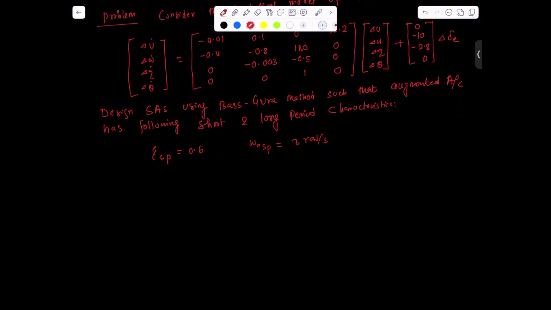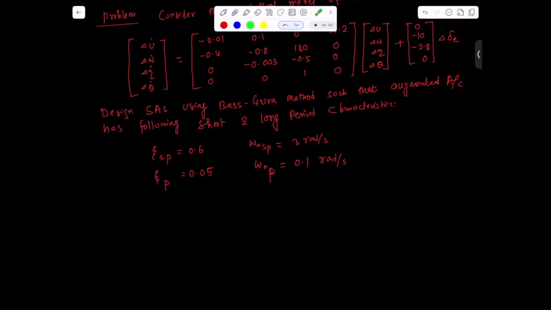And for the long period, also called phugoid motion, the damping ratio is 0.05 and the natural frequency for phugoid motion is 0.1 radian per second. It is clear from these given values that the damping ratio for the long period is quite less compared to the short period motion. That's why it takes more time to get stabilized.